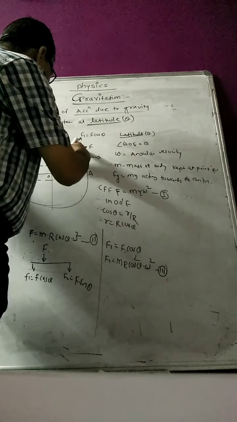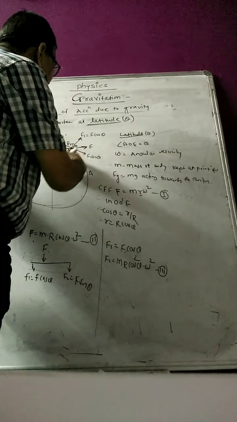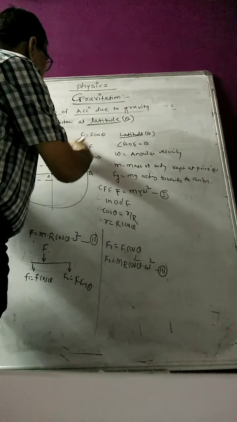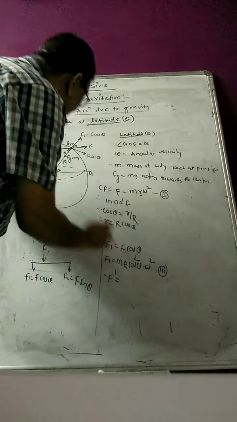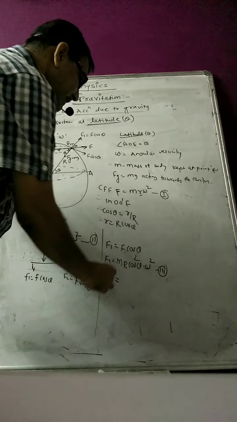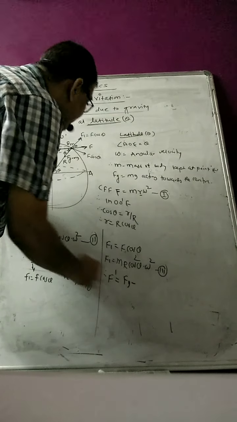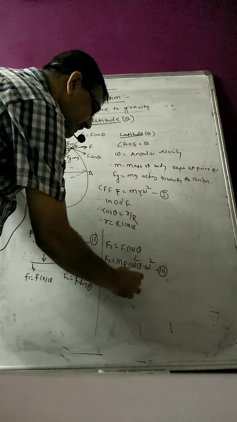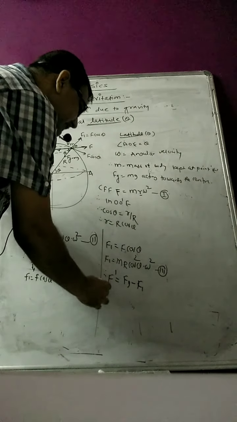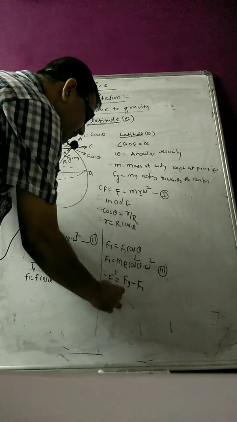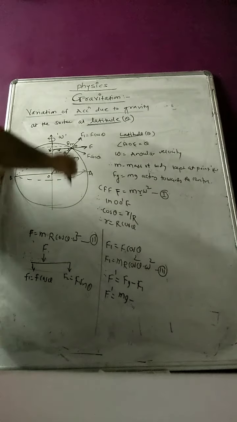But now due to gravity the force is acting towards the center; they are equal in magnitude, meaning they are opposite in direction. So therefore at this particular point E, F dash is equal to Fg minus F1, as this force Fg will be greater than this force F1. What is Fg? F dash is equal to mg minus F1.